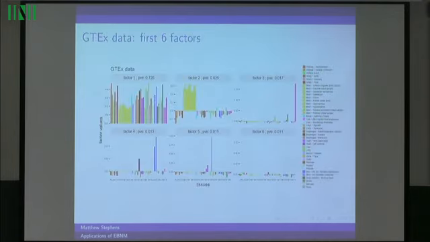This is just an example of applying this to some data. The data are the same data I told you about before, based on the same study called the GTEx study, where they measured gene expression measurements in lots of tissues.